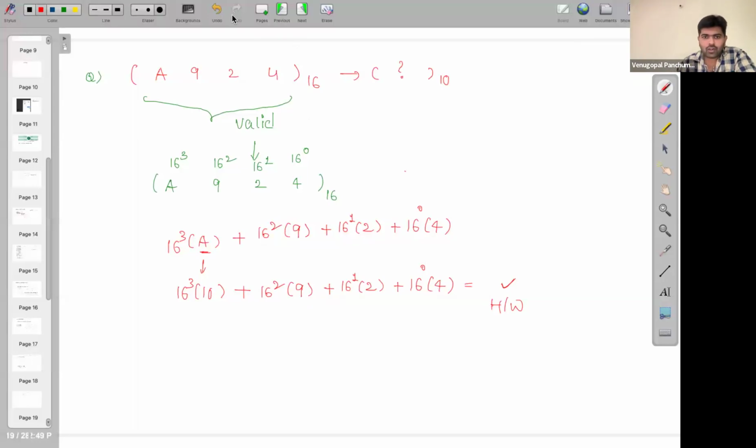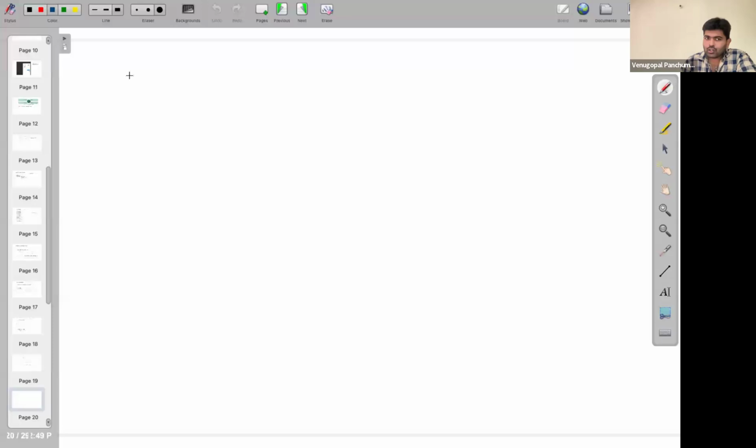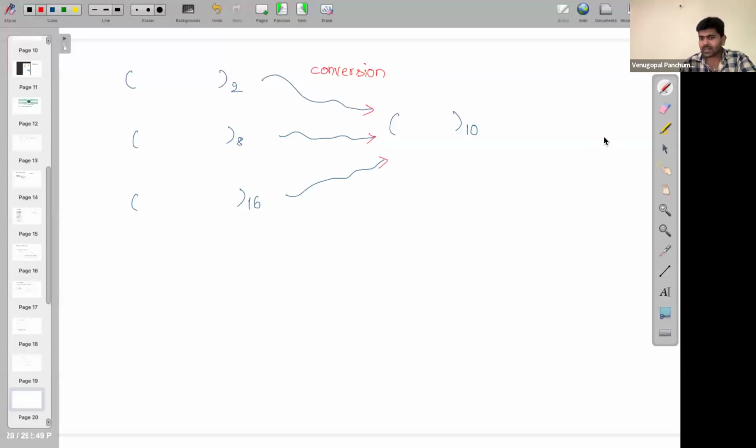Okay, so overall, if it is in base 2, base 8, or base 16, how to convert this to base 10 we have seen. Am I correct? This conversion we have seen, like base 2 to base 10, base 8 to base 10, base 16 to base 10.